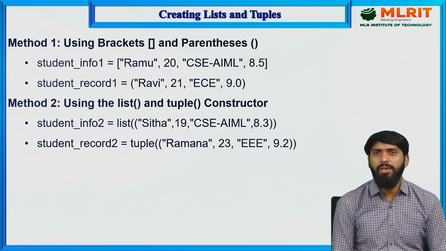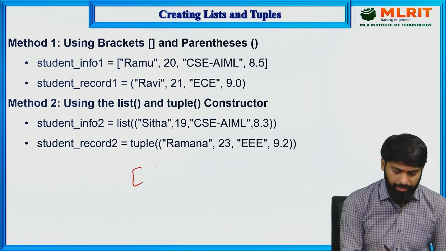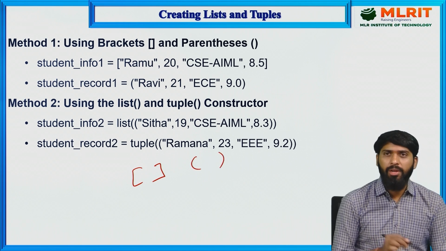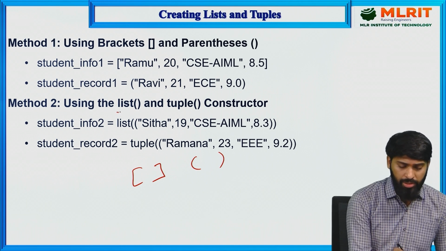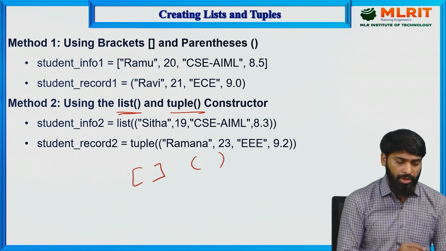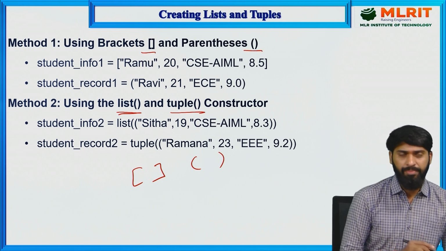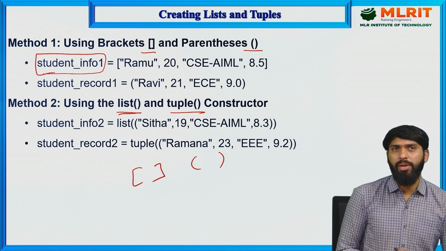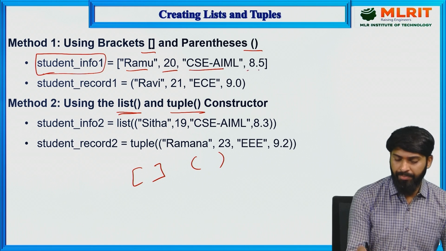Creating lists and tuples. We create a list using square brackets and a tuple using normal brackets. But we can also create them using the list constructor and the tuple constructor. Method one uses square brackets and parentheses. Here student info 1 is the variable name, and in it I am storing Ramu, 20, CSC, AIML, 8.5.